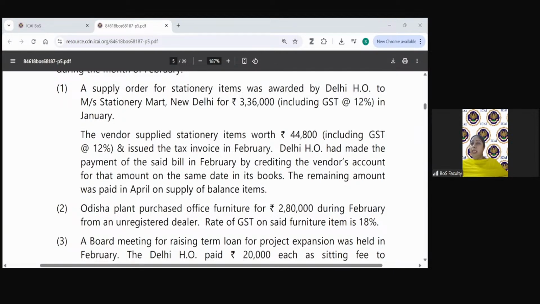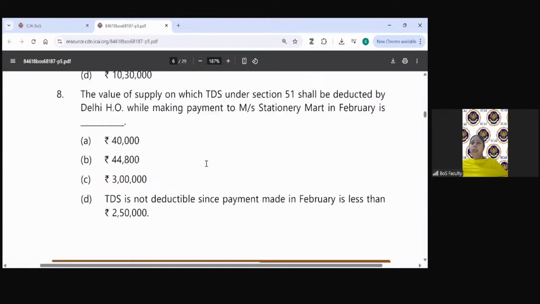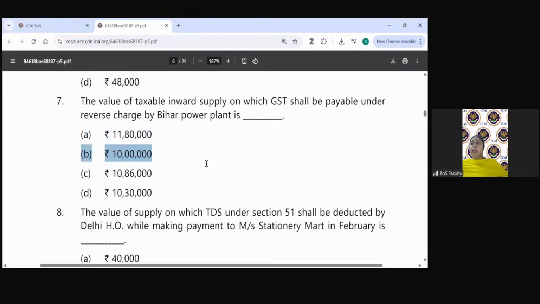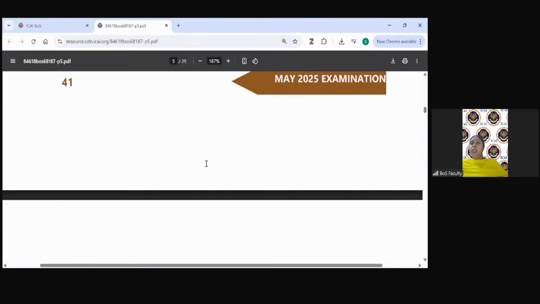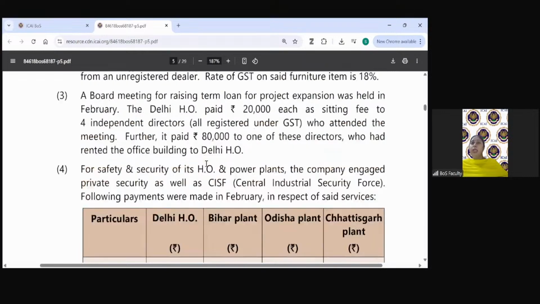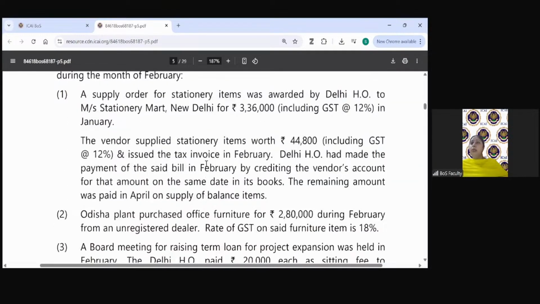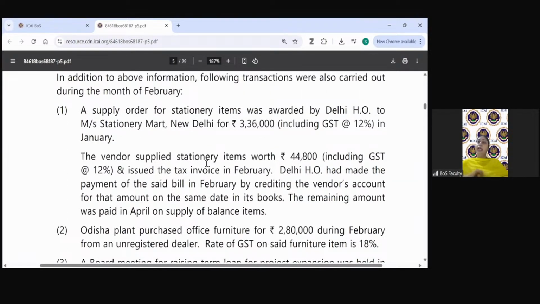Let me see. You have mentioned the right answer actually. Let us go to the options once. The options are 40,000, 44,800, and okay, yes. Awadh, your answer is right. Sajja, your answer is also right. Prashant, you need to see your answer once again. Please go through your answer again and tell me the right answer.